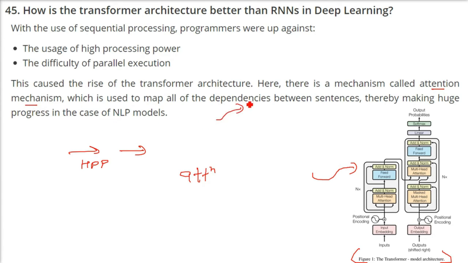But right now, because this is an interview question, you just have to know these basic things: what you have to speak, why the transformer architecture came, and how it is better than RNNs in deep learning.